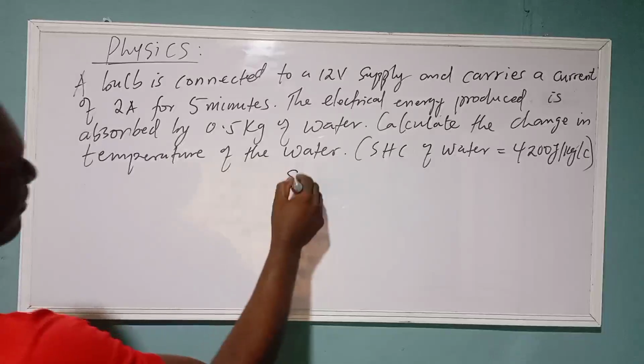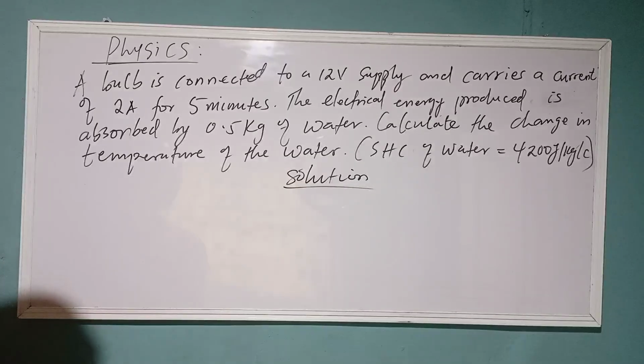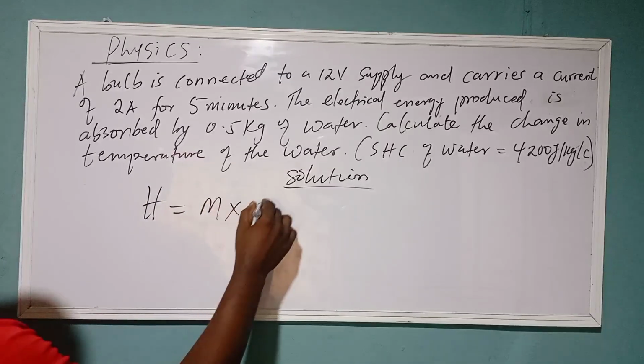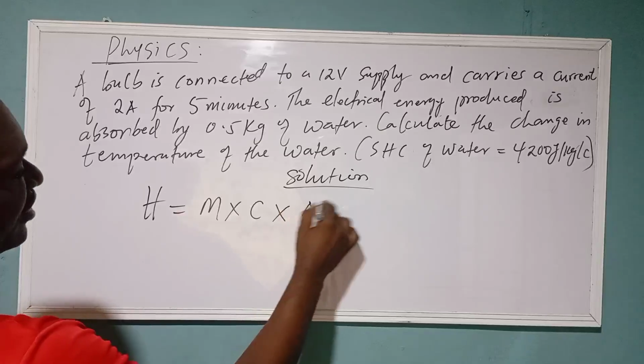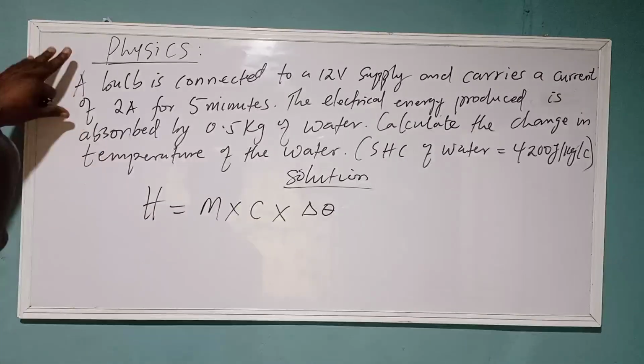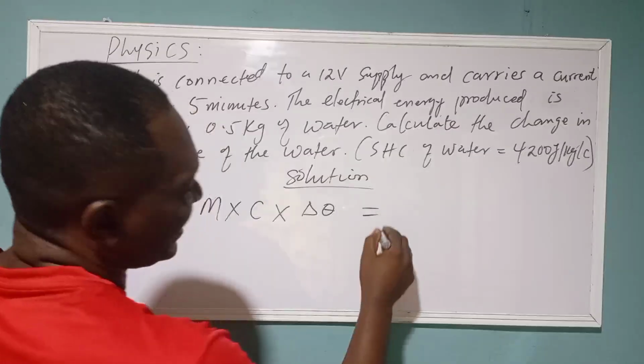Okay, so this is a very interesting question. Now, first and foremost, you need to know that heat energy is equal to mass times specific heat capacity times change in what? Temperature. But whenever electricity is involved, you also have to bring in electrical energy.